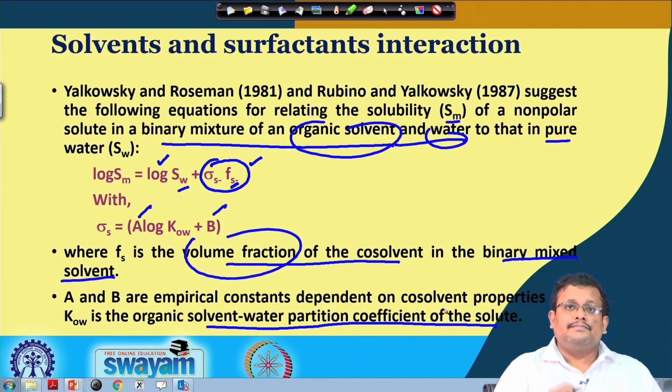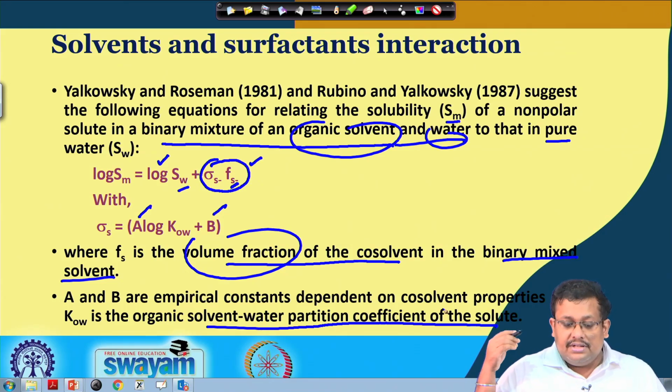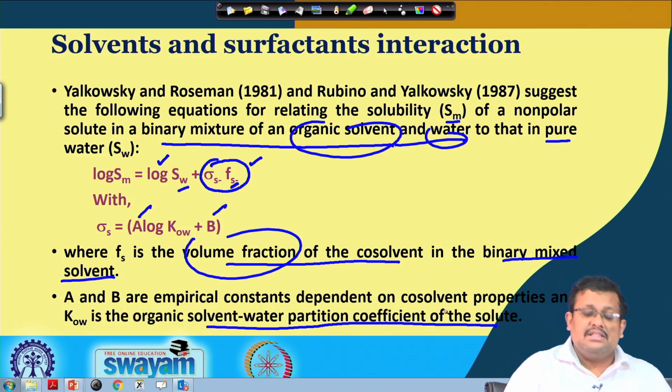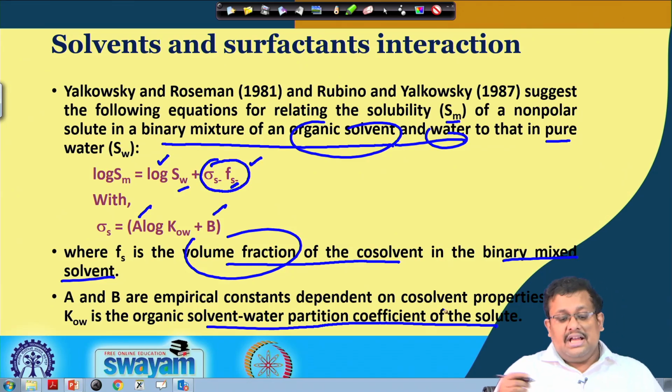Okay. So, again let me repeat this. If a nonpolar solute is dissolving in a binary mixture of an organic solvent and water, then its solubility in the binary solvent, denoted by Sm, can be represented by an expression which shows the summation of the solute solubility in pure water plus a product of sigma s and Fs, where sigma s is A log Kow plus B, where A and B are the empirical coefficients and Kow is the organic solvent water partition coefficient of the solute, and Fs is the volume fraction of the co-solvent in the binary mixed solvent.